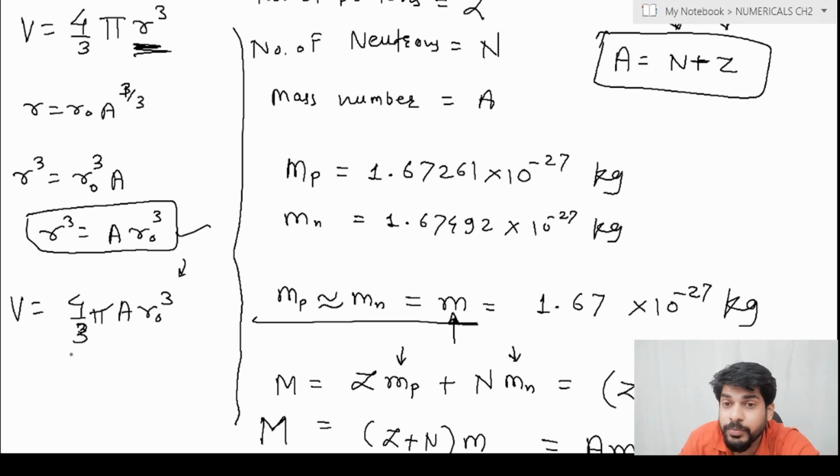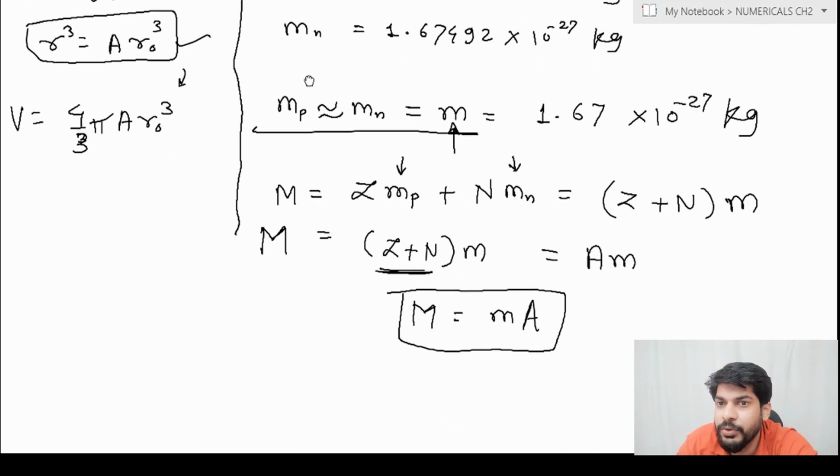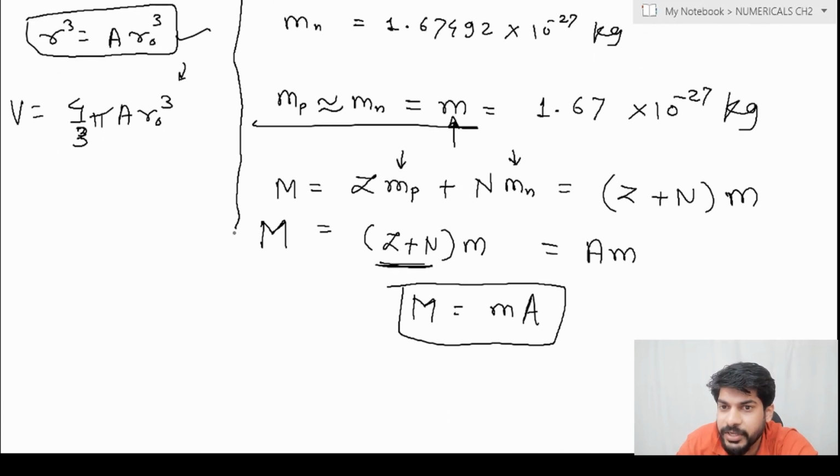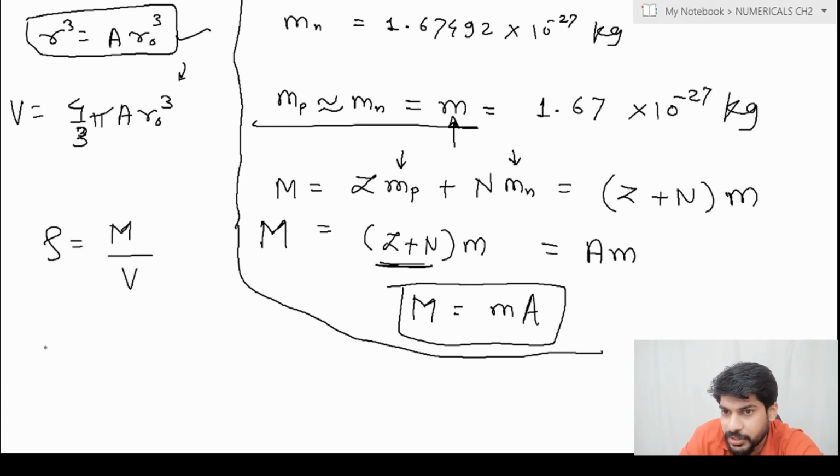Now we have got mass as well as volume, so we are ready to find out the density. Density is equal to mass per unit volume. Now we have the equation for mass, m A, upon volume, 4 by 3 pi A r naught cube.